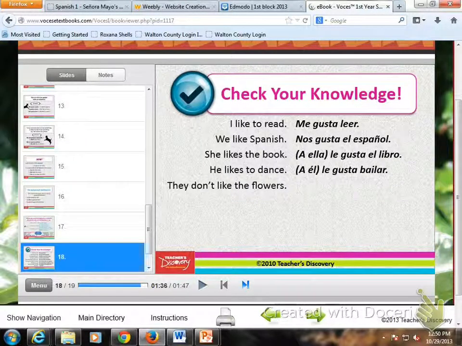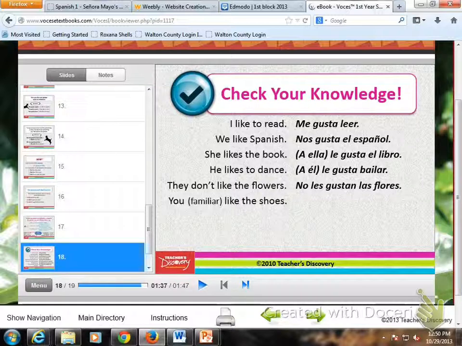Okay. Now, what if they don't like, and then it's plural things that they don't like? No les gusta. Okay, good. So the no goes before it. Good. So no les gustan, because what you don't like, or like, doesn't matter, is plural. Flores, flowers is plural.